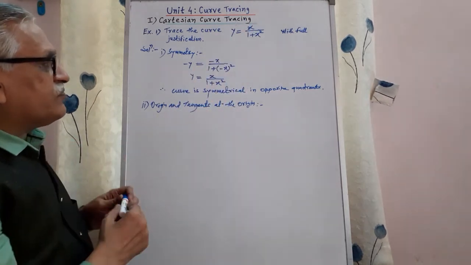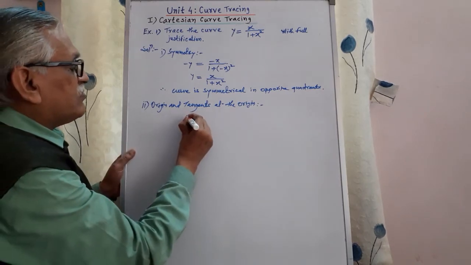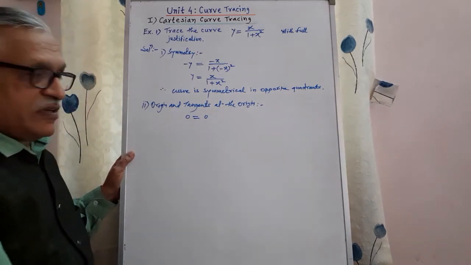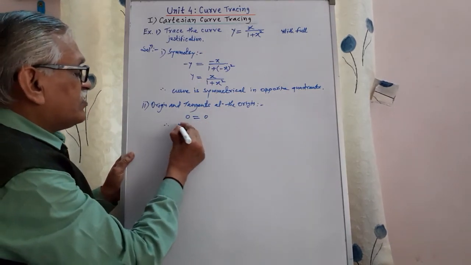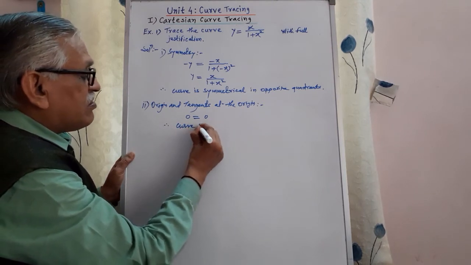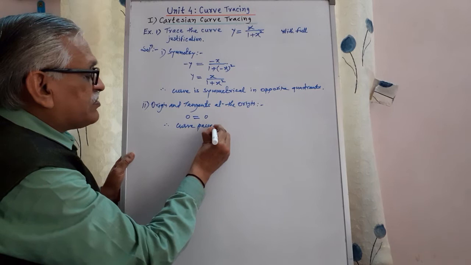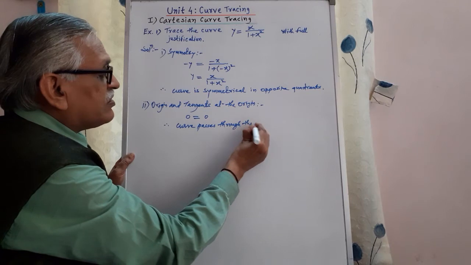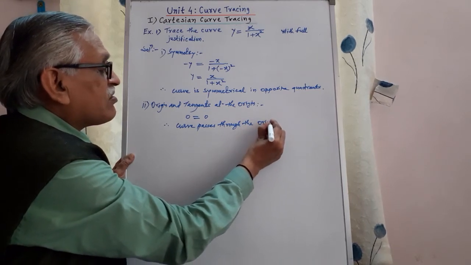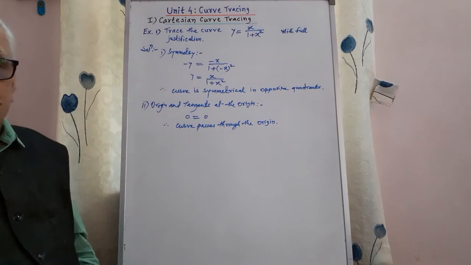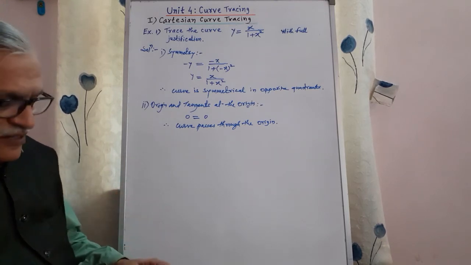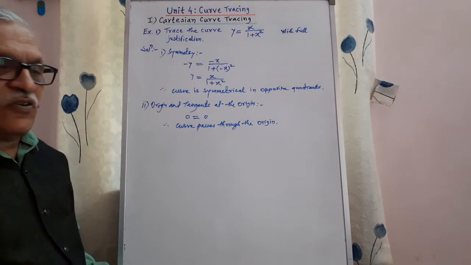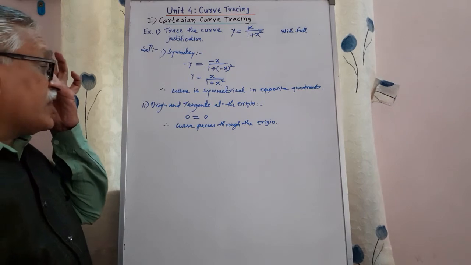Put y and x as 0, therefore left hand side is 0, right hand side is 0 divided by any number, we get 0. 0 is equal to 0 means curve passes through the origin. Origin lies on that curve, and as it passes, point of intercept, a tangent at the origin or tangents at the origin. For that we have to find the lowest degree term or terms.